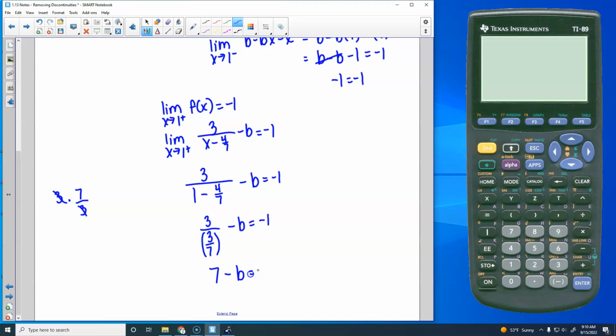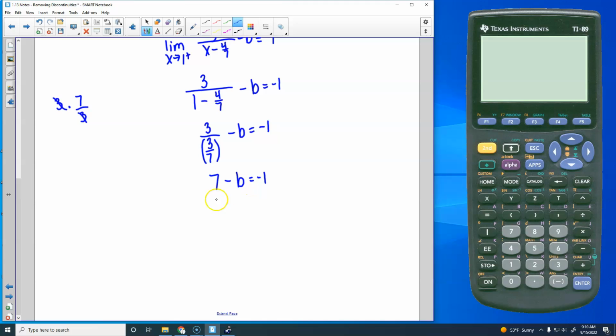Minus b equals -1. And so we can solve this, right? So if I subtract 7, negative b equals -8. And so b would equal 8. So even though it didn't matter for the first equation what we had, it only works to have 8 for the second equation, so 8 needs to be your answer.